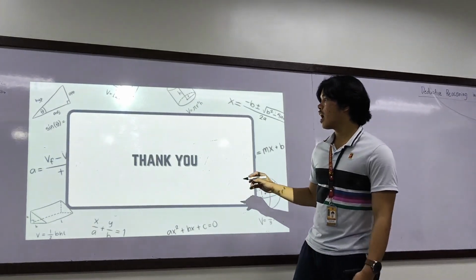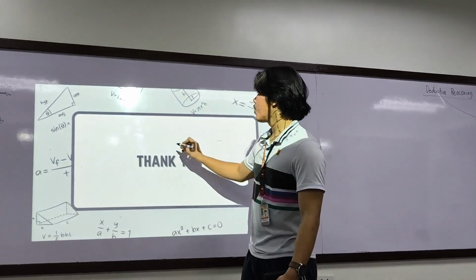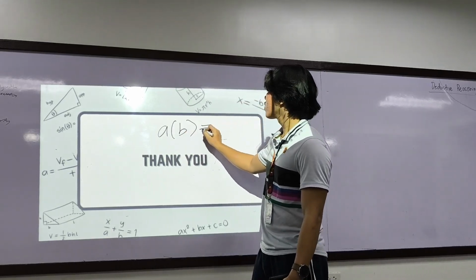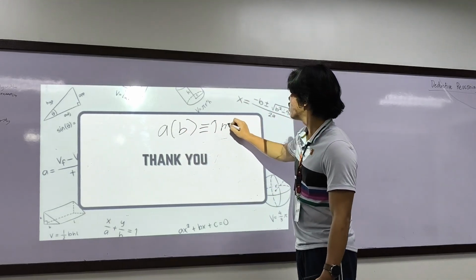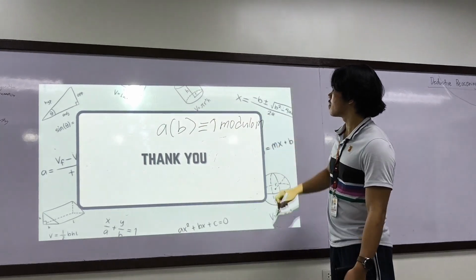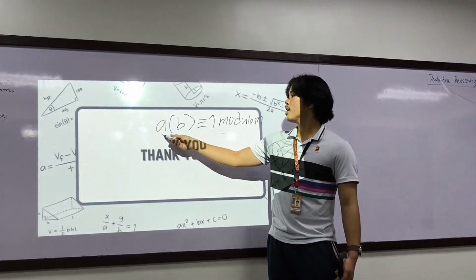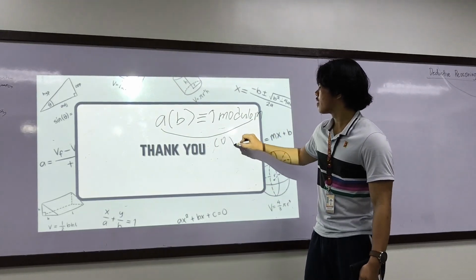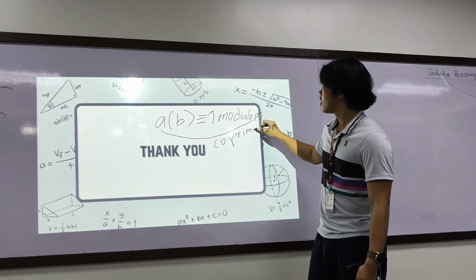So, a quick recap. We have A times B congruent to 1 modulo M, where M is the modulo. A and M should be coprime.